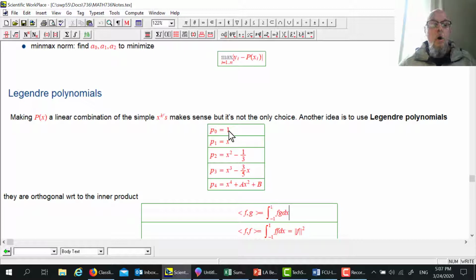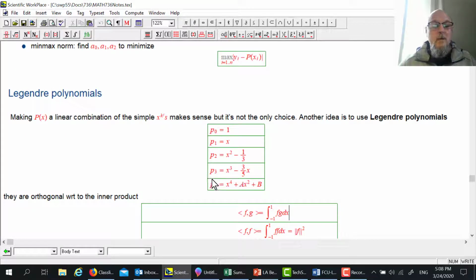So all of these Legendre polynomials are mutually orthogonal. They're all perpendicular to each other. P1 is perpendicular to P3, P2 is perpendicular to P3. They're all perpendicular to each other.